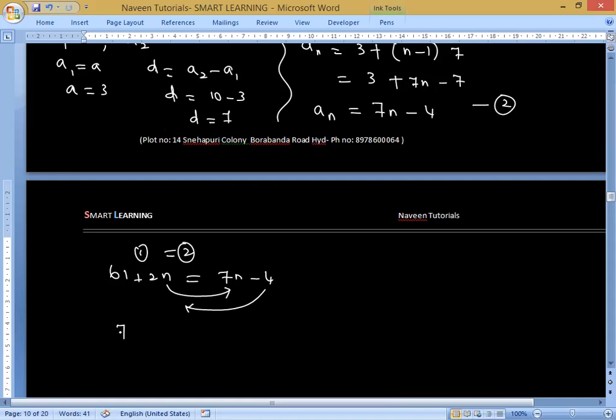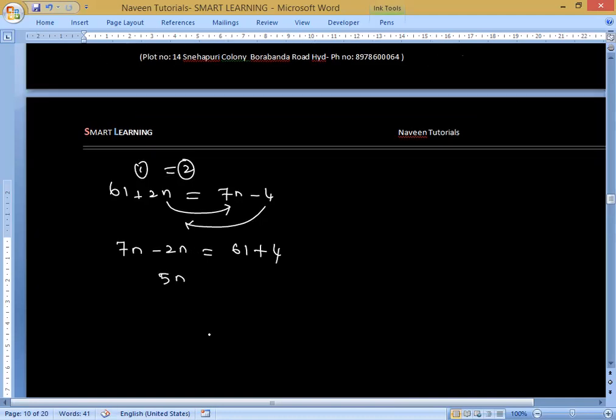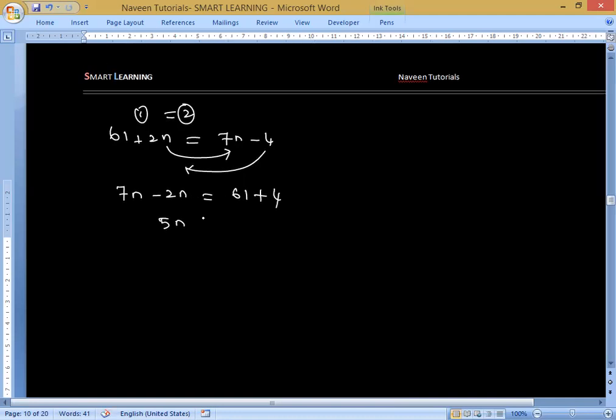Then what happens? 7n minus 2n is equal to 61 plus 4. 7 minus 2 is 5. Then 65. So n is equal to 65 by 5. So n is equal to 13.